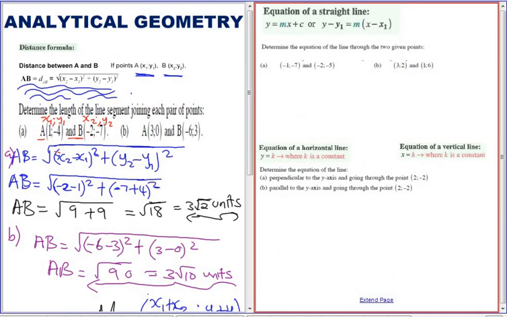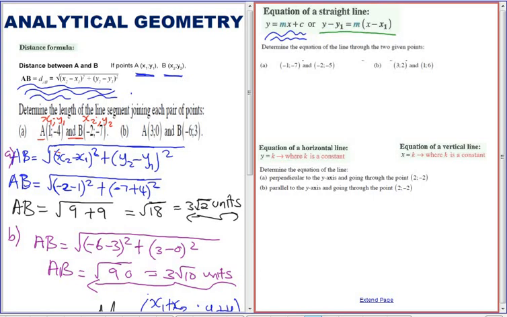So another thing we learned a lot was the equations of a straight line. And you knew the equations of a straight line because they looked something of that sort. You will see that I use y is equal to mx plus c most of the time. This one works exactly the same way, but you will see I don't really use it often.